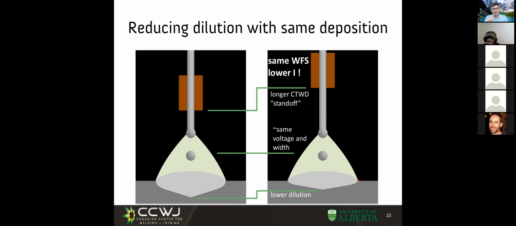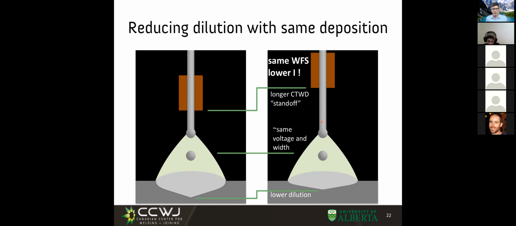If I don't touch the length of the arc, the width is more or less the same, right? And now I have the same wire feed speed as before and the same travel speed. So my mass balance, which we're going to study in detail later, but if I have the same wire speed, the same travel speed and the same width of the bead, I'm putting essentially the same bead as before.